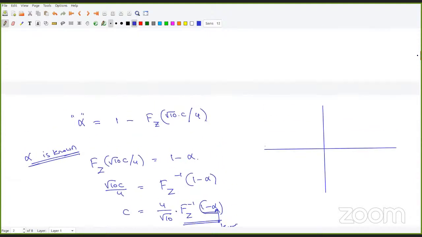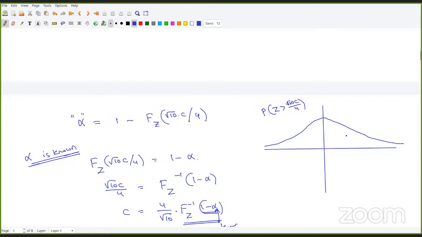So when we say 1 minus, we are talking about the area on the right side of C. Is that the probability that the null hypothesis is not satisfied?